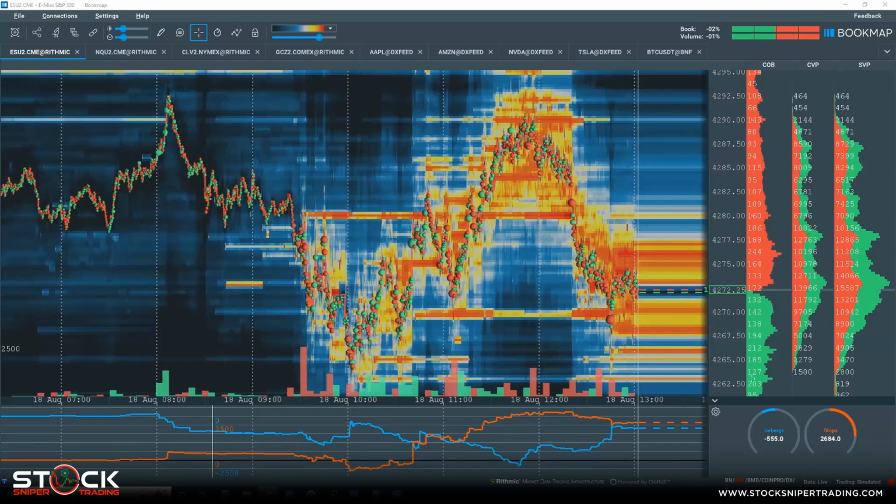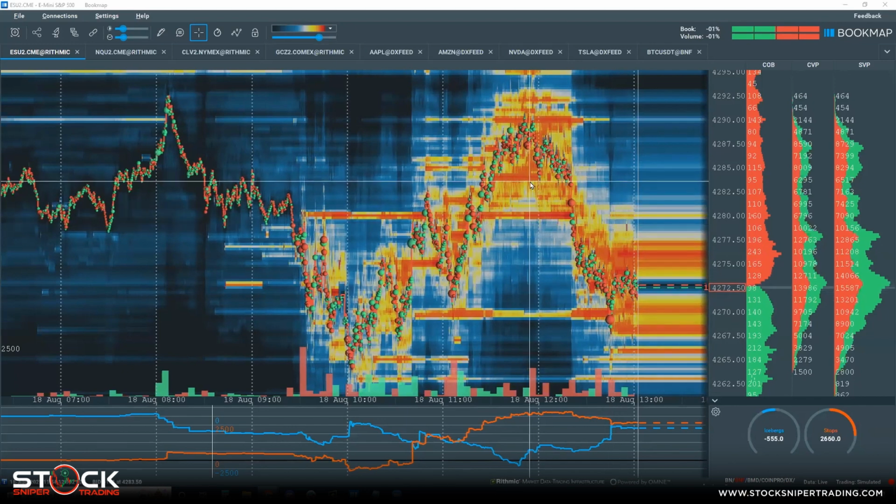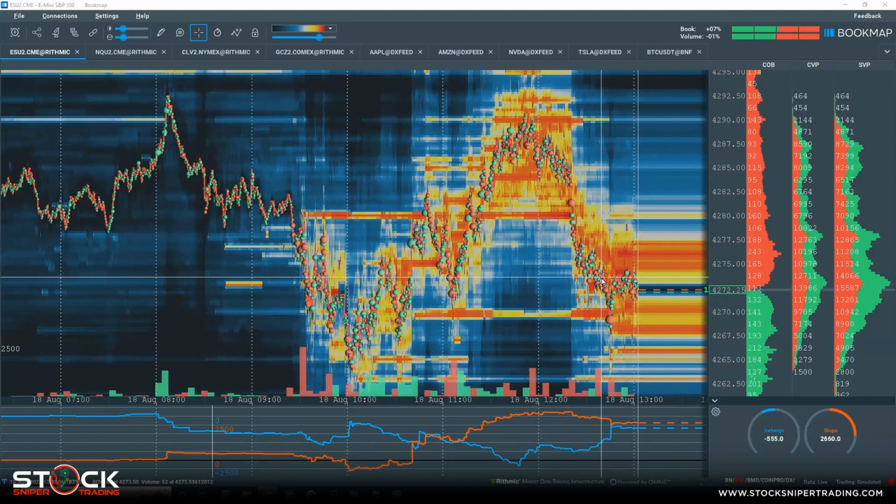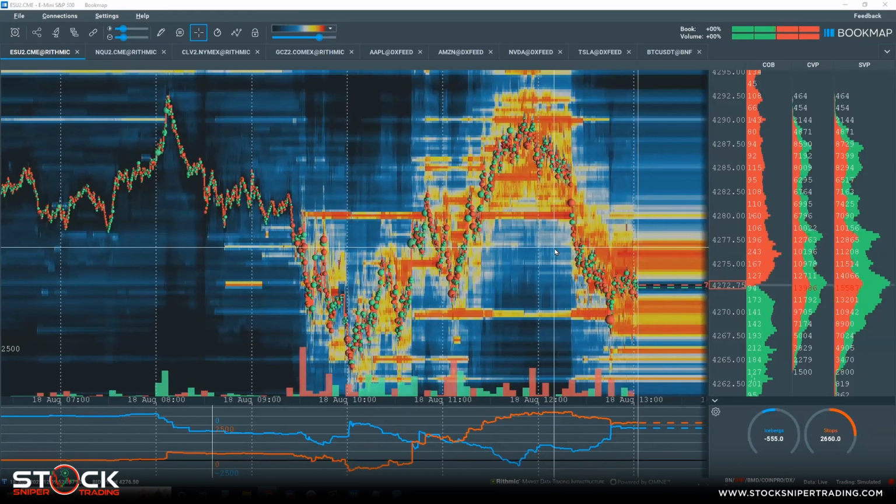Hopefully this can answer most of your questions and be a good reference in the future. We'll get started with some of the basics and talk about what Bookmap is, and how to read it or use it.